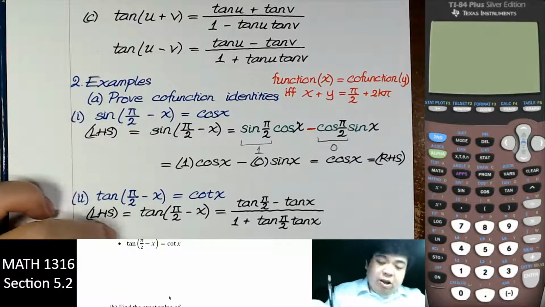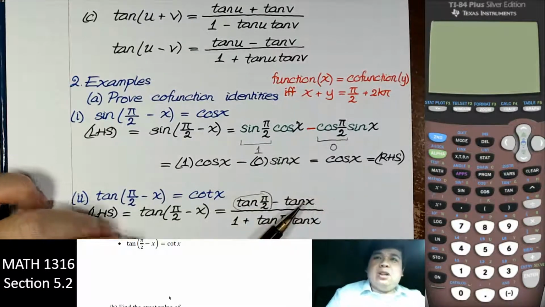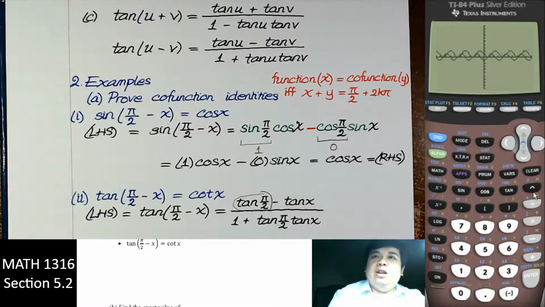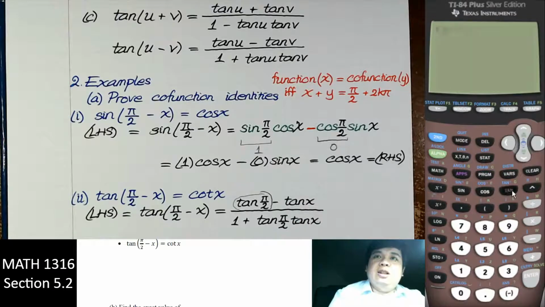Right, now we're trying to find the values. Tangent of pi over 2. What is that? Tangent of 90 degrees, or if we are in radian mode, tangent of pi over 2. Oh, it's undefined.